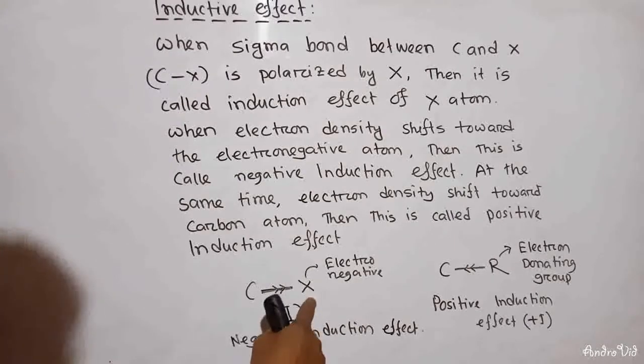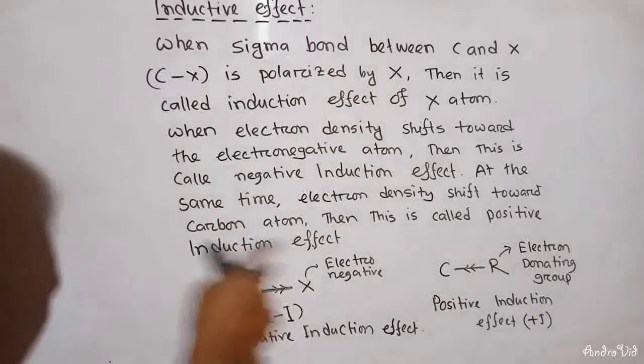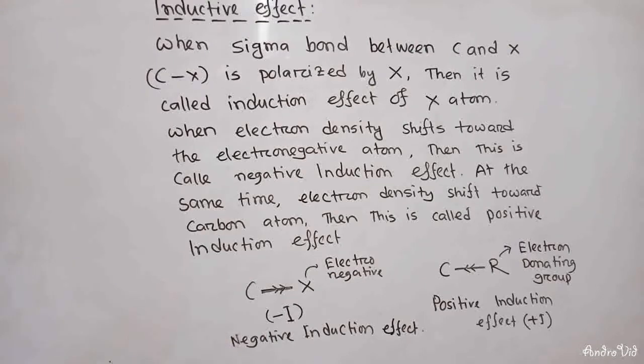By this way it becomes partially negative and the carbon becomes partially positive. The electron density on the central carbon atom is reduced. This type of effect is the negative induction effect, denoted by minus sign.